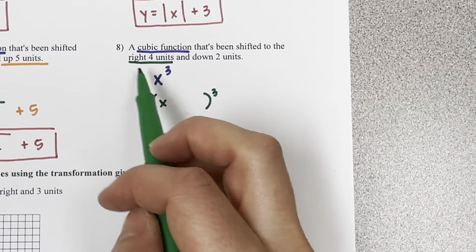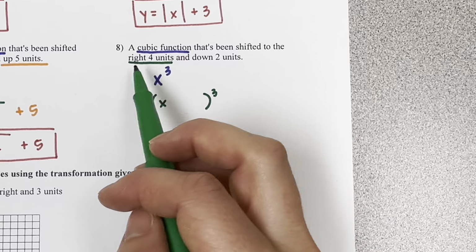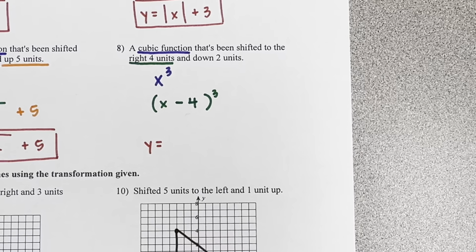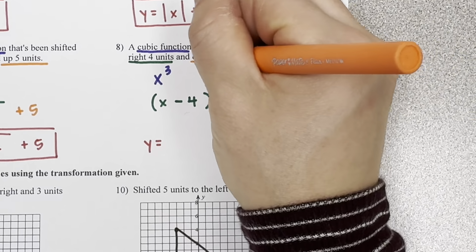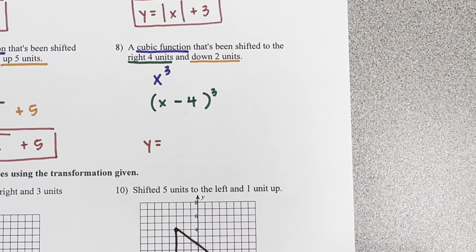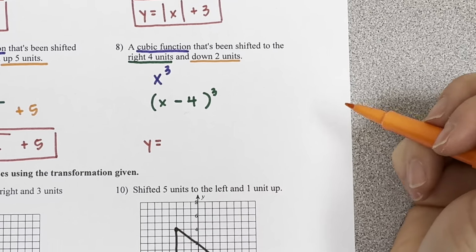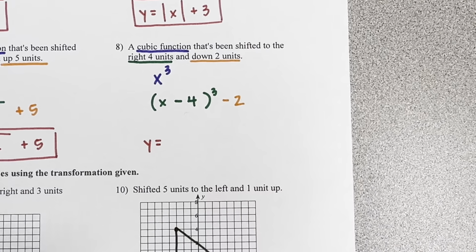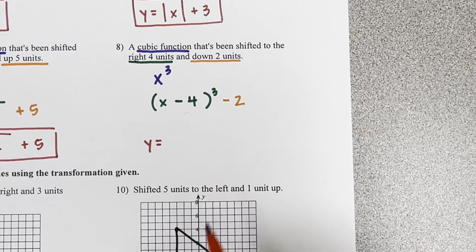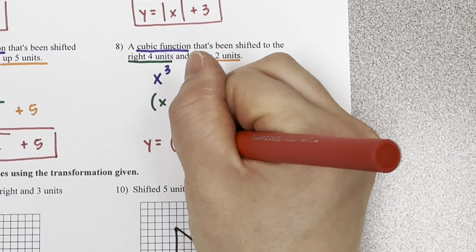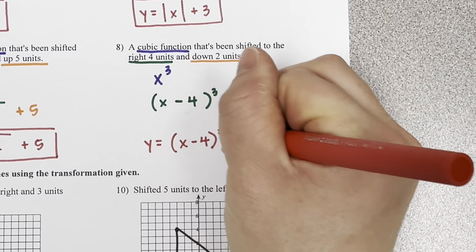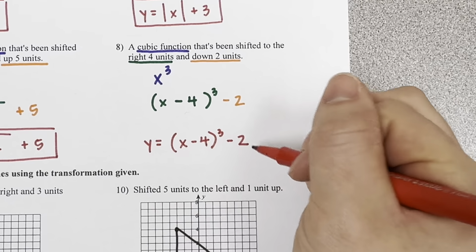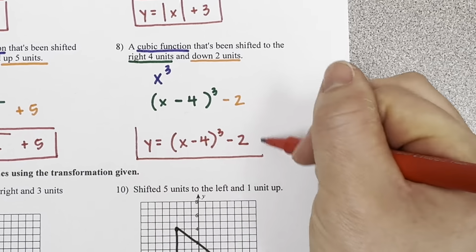Usually with right 4, I'd be thinking plus 4, but with right and left, it's opposite, so the right is always minus 4. And then it has another transformation of down 2 units. Up and down is on the outside of our parentheses. Down, we don't have to think opposites here. Down is just minus 2. So our final equation is parentheses, x minus 4, cubed, minus 2. We have our right 4 transformation and our down 2 transformation.